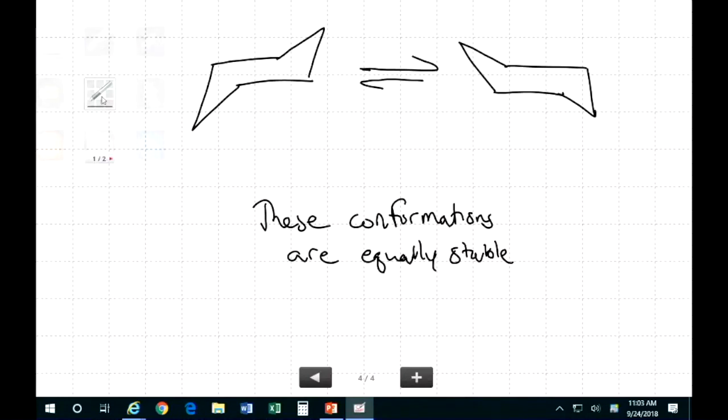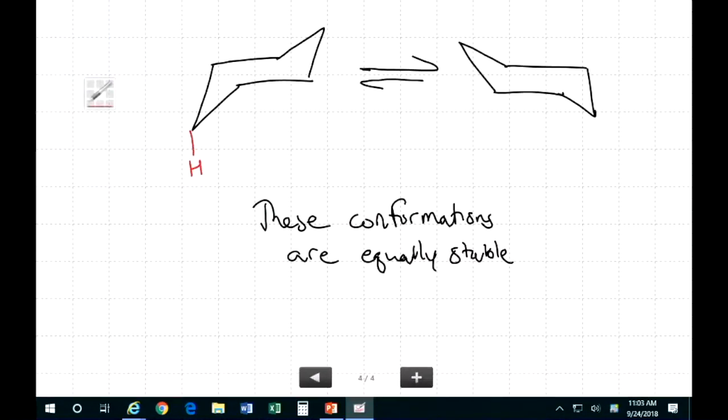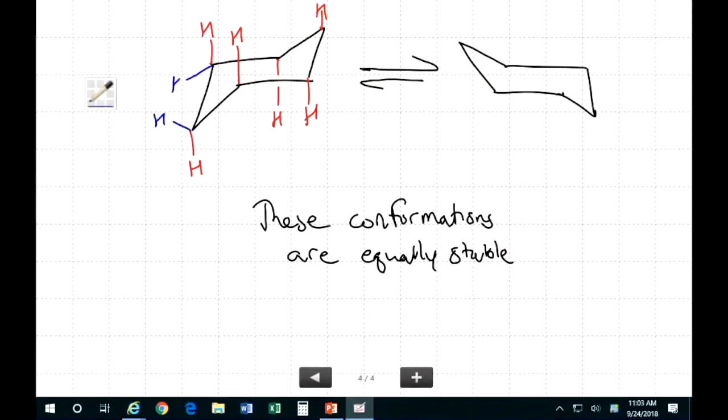The reason for this is we have 6 axial groups in our starting chair and 6 equatorial groups.